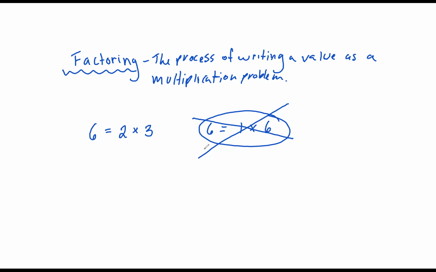Okay, what about 8? How would you factor 8? Well, you could say 2 times 4, right? Or 4 times 2. But there is an idea where you want to factor completely. What does that mean? Remember when we were doing fractions and I could do 6/12, and I could simplify this by dividing out a 2?